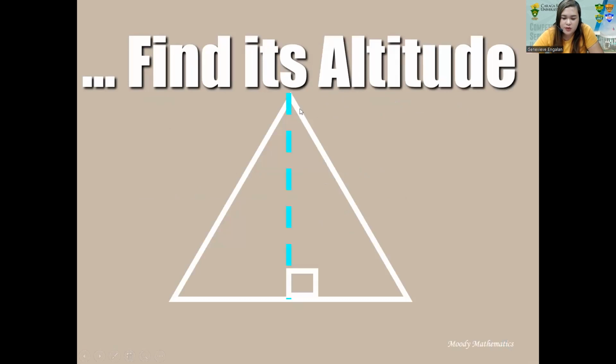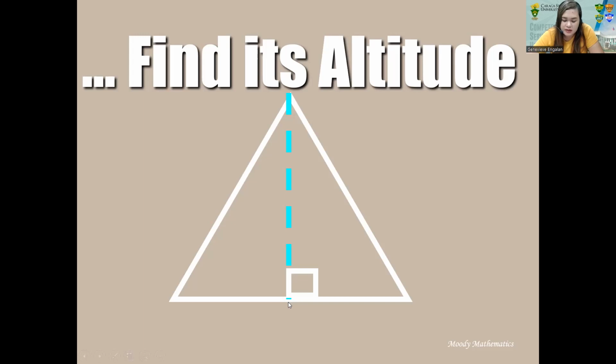Okay. So if we divide this equilateral triangle into two congruent triangles, we draw a line from the vertex to the base.